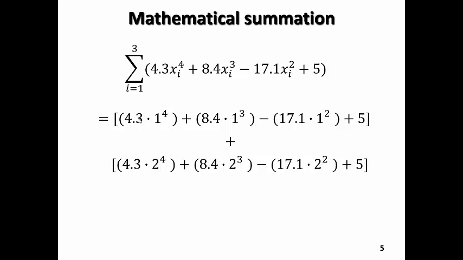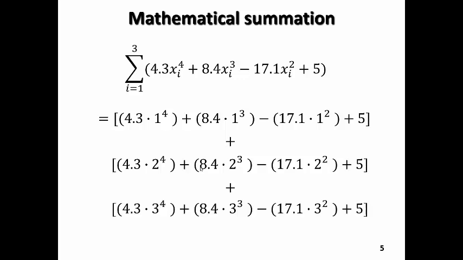So the only difference between this first term and this term here is that we're substituting the 1 for x sub i, then we substitute 2 for x sub i, and we treat the entire equation as one, and then we add it to the next one, and then we add it once again to the next equation with the 3 inserted for the x sub i, and we stop at 3.